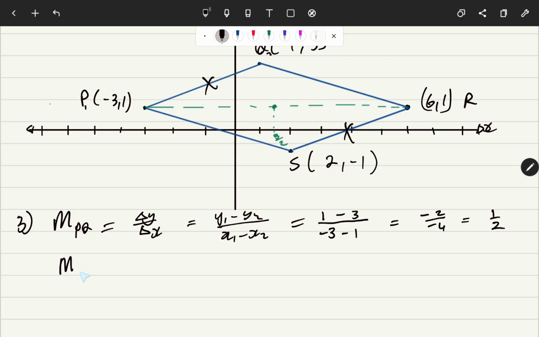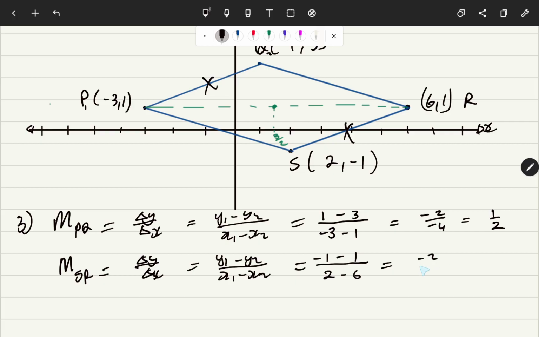We're just going to see the gradient for SR, which is changing y over changing x. That's y1 minus y2 over x1 minus x2. I'm going to be slow. y1 is minus 1, then I'm subtracting y2, which is 1. Cool. x1 is 2, and x2 is 6. So 2 minus 6.